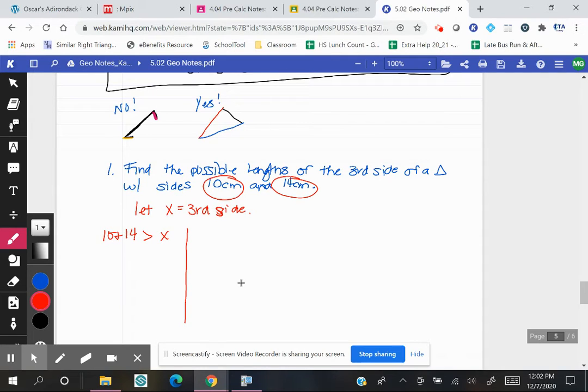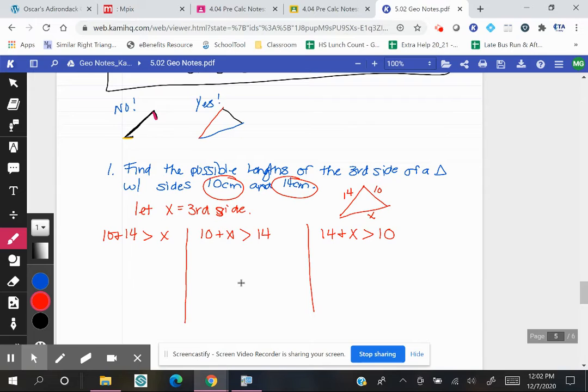We also know that 10, the one side, plus x must be greater than our third side of 14. And then we also know that 14 plus x must be greater than 10. I'm just taking my three sides, 14, 10, and x, and saying any two of those sides must be greater than the third when I add them together.